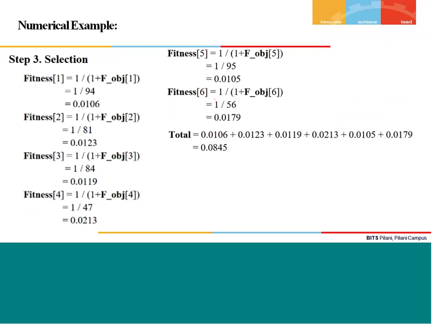Now we have to find our fitness function. Let's say I have decided my fitness function like this: 1 upon 1 plus fx, right? And fx is a plus 2b plus 3c plus 4d minus 30. Why am I doing it like this? My motive was to make this fx equal to 0.